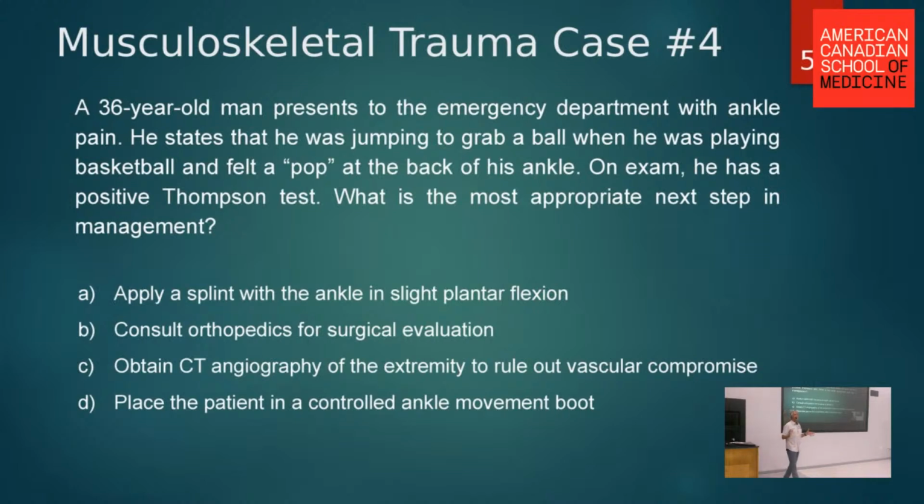So what injury does this patient likely have? Ruptured Achilles tendon, right? Positive Thompson test, felt a pop, and has pain. It doesn't say that he can weight bear, but he would not be able to easily weight bear and push off. What kind of people usually get Achilles tendon ruptures?